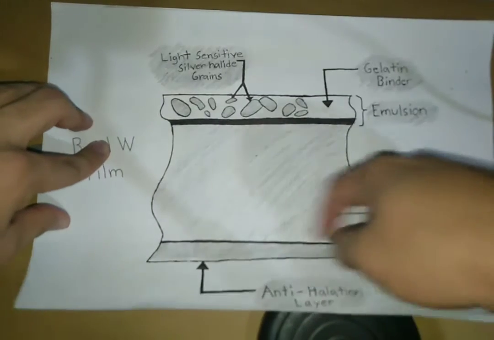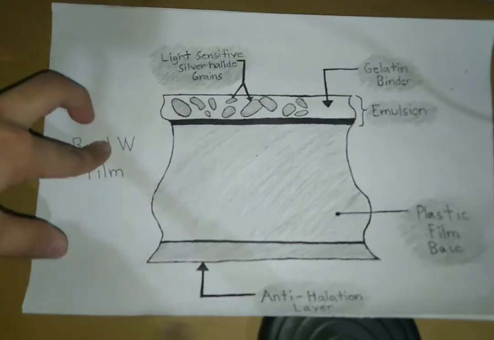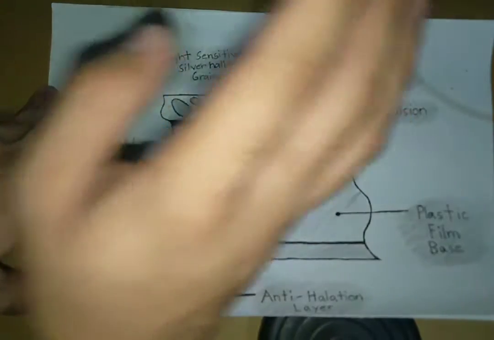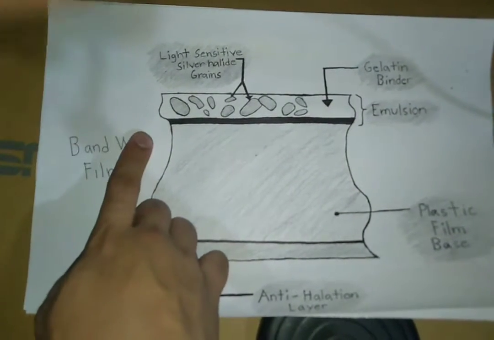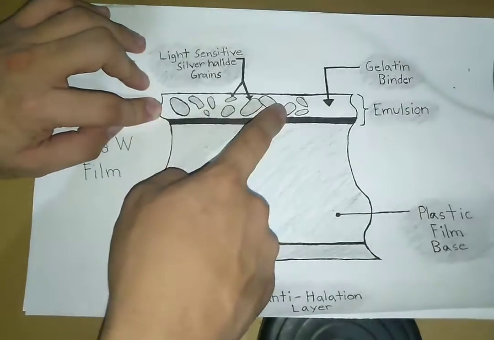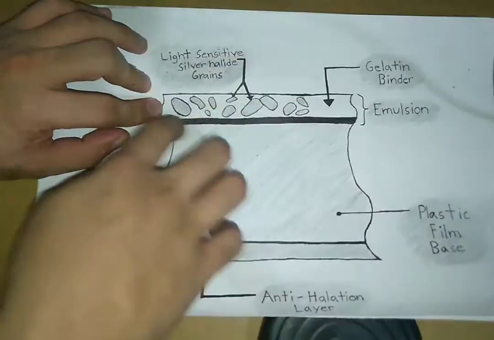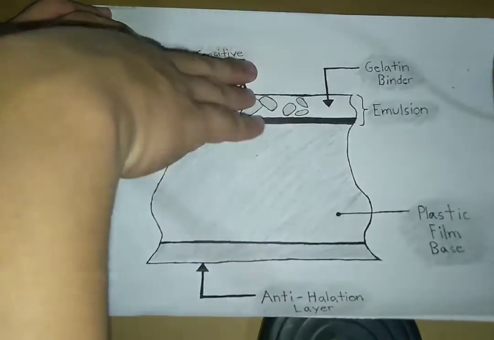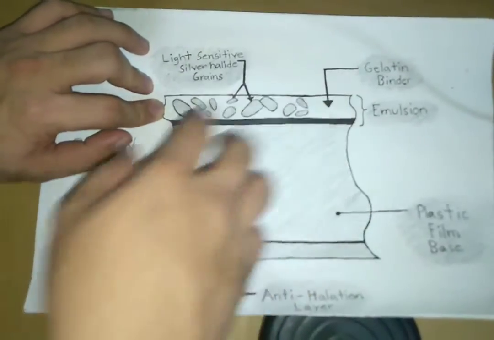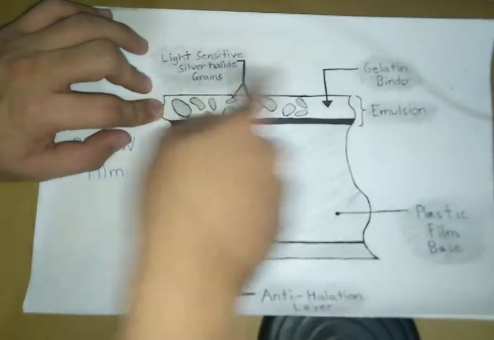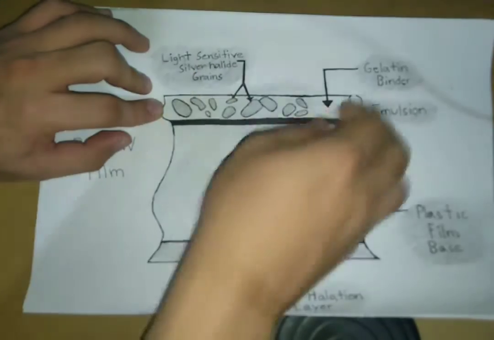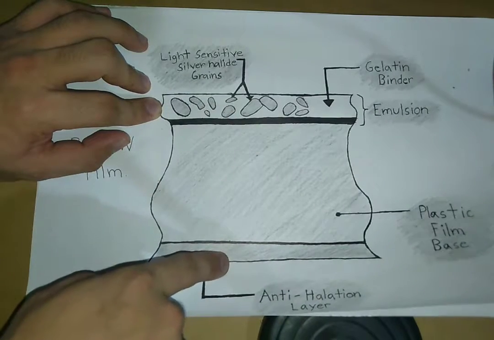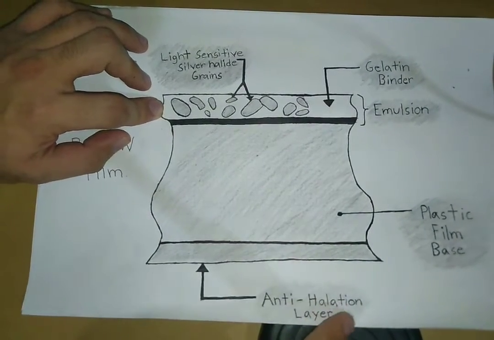What is the work of the anti-halation layer? Very simple. The anti-halation layer is used to capture the light coming from these silver halide grains with the help of the developing chemical. Usually, the light does not stay here. Yes, they absorb the light, but not just that. The light that they absorb will pass through with the help of the plastic film base, from the emulsion part, the silver halide grains, down to our anti-halation layer.